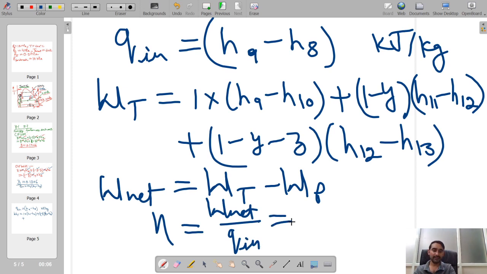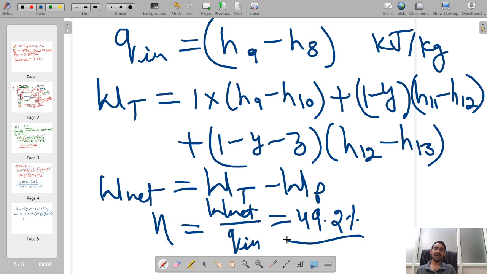So you will be finding finally that your efficiency is equal to 49.2%. So you can substitute all the values and then determine this final value of efficiency. Okay. So one more thing I want to tell you all, don't get confused with the question.